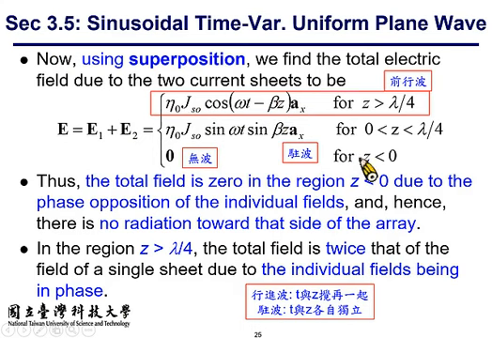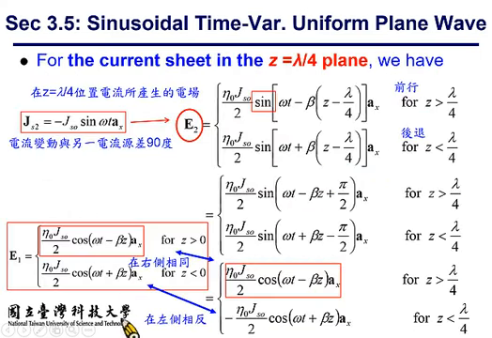On the other hand, in the z smaller than 0 region, from this slide you see for z smaller than 0, you have eta sub 0 J sub 0 cosine omega t plus beta z. And for the second source, as long as z is smaller than lambda over 4, it's in the form of minus eta J over 2 cosine omega t plus beta z.